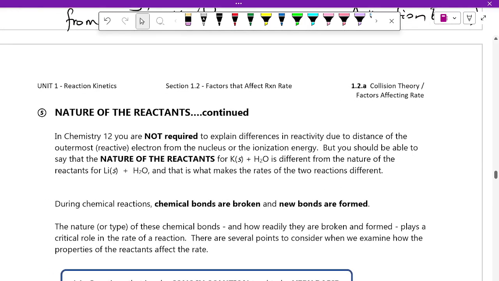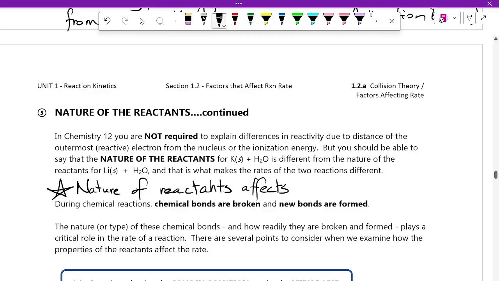You need to say that the nature of the reactants affects activation energy. And if it affects activation energy, does it affect the number of collisions or the percent of collisions which are effective? Percent of collisions which are effective.